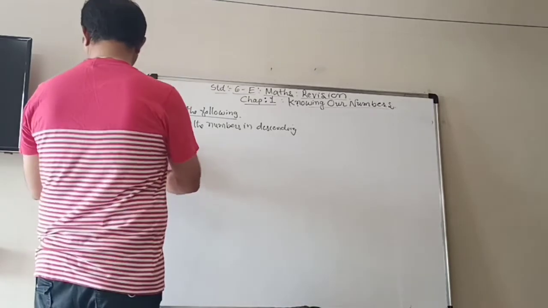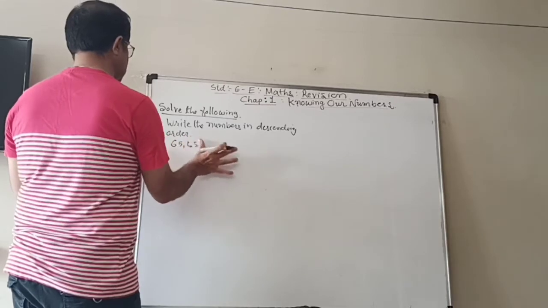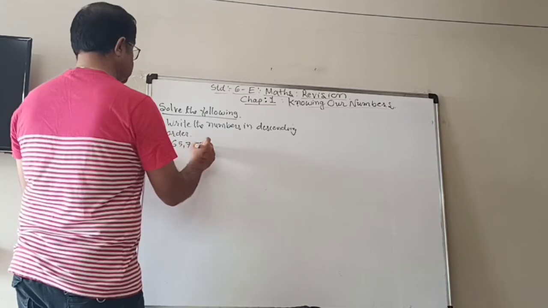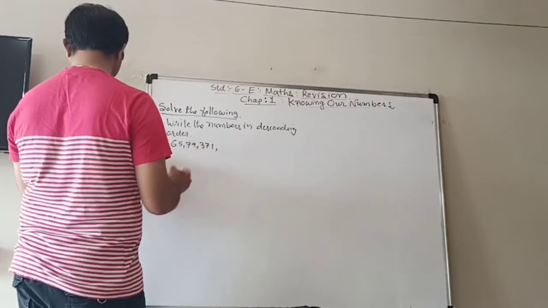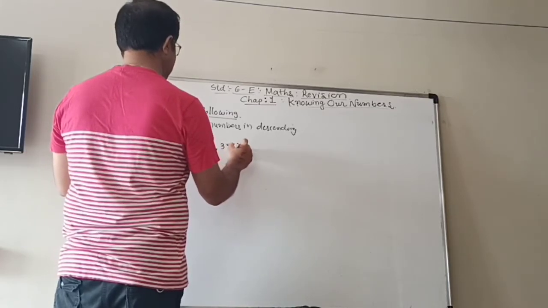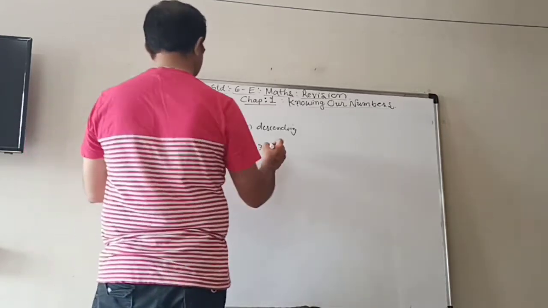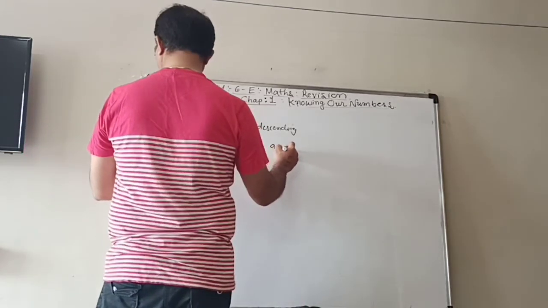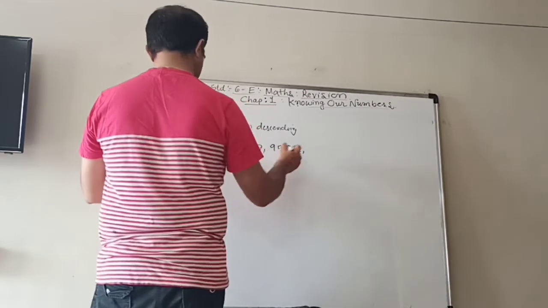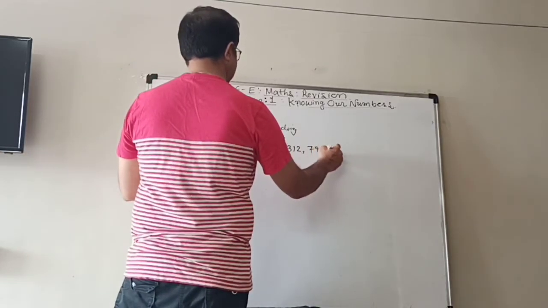The numbers are 6,579,371, 3,582,527, 95,312, and 7,921,520.